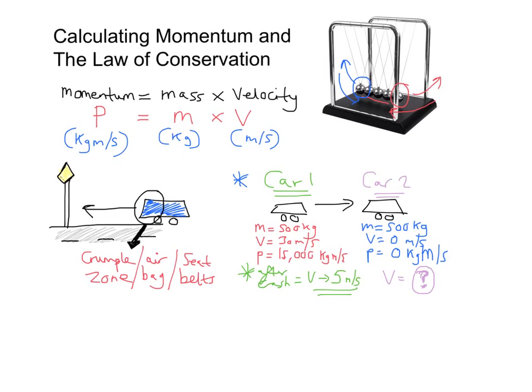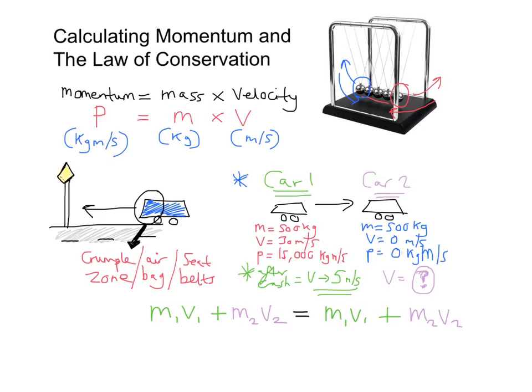So we've said that momentum is conserved. So the total momentum at the start must equal the total momentum at the end. So if we think about at the start, if we say m is mass and v is velocity, because mass times velocity gives momentum, m1 v1 plus m2 v2, so for car 1 and car 2 at the beginning, that must equal m1 v1 after the collision and m2 v2.